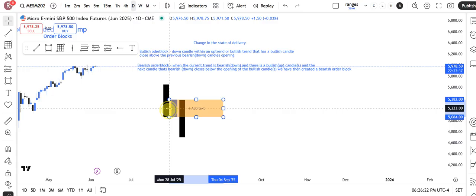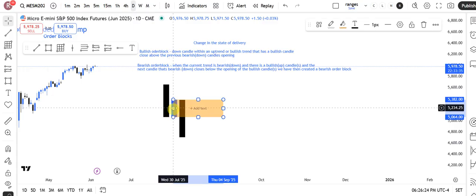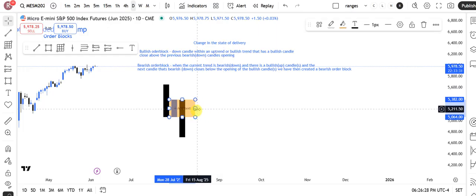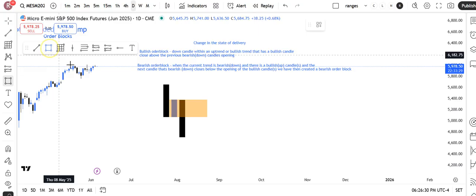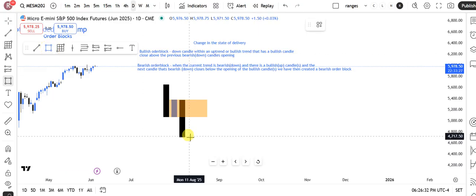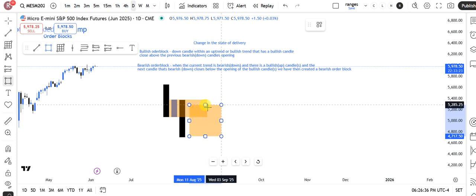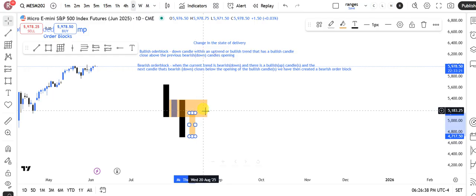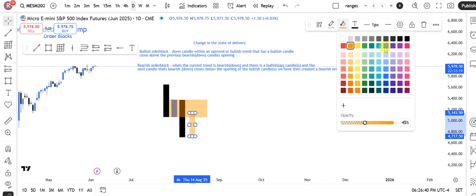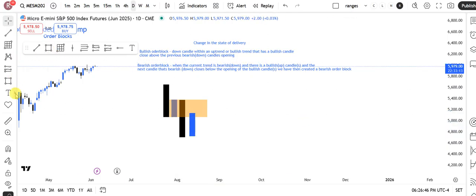Okay, you seeing that? So if price was to retrace up into here, this area, we understand, just like the other example, like I said, this is like a magnet.